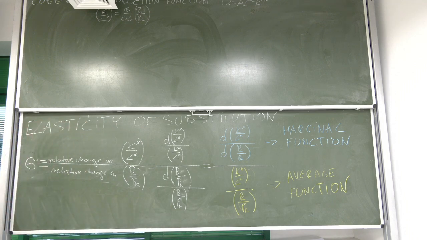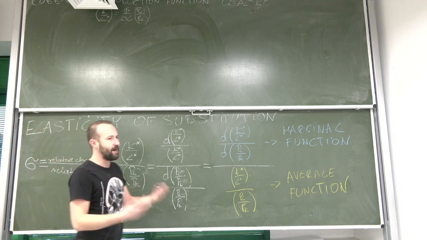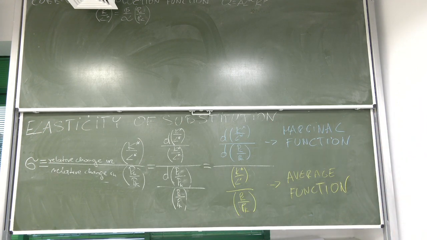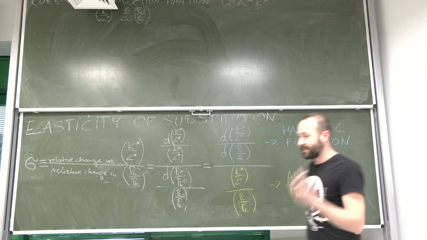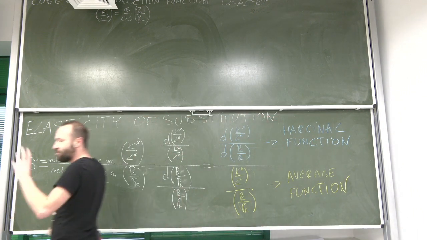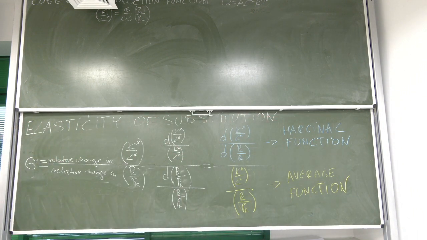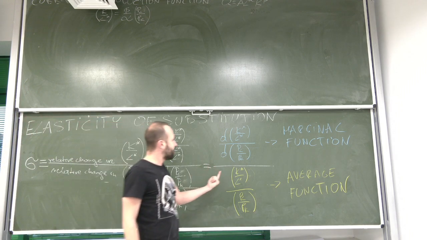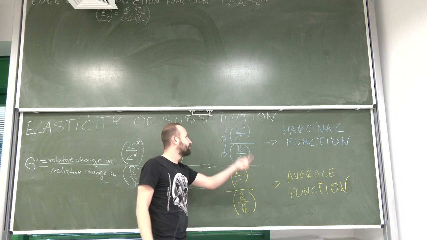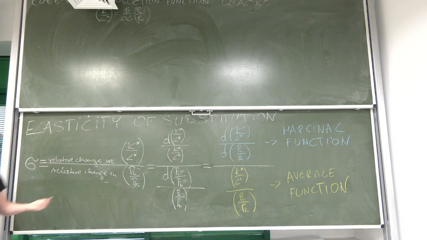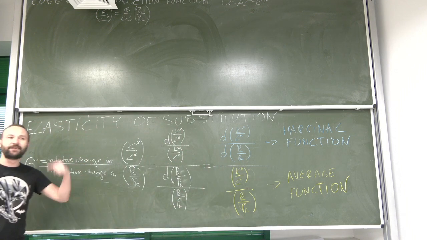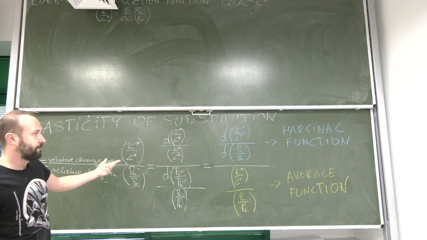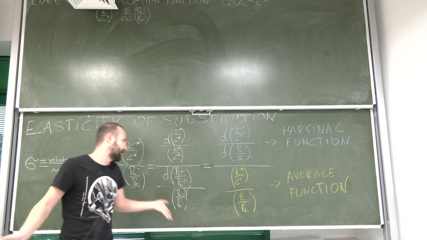And if the price of labor, the wage, is going up, what should the company do? Well, most likely, the company is going to replace more expensive labor with relatively cheaper capital, right? So of course, if this is the case, we are replacing a factor of production that became relatively more costly with one that became relatively cheaper. Of course, the sign needs to be positive.